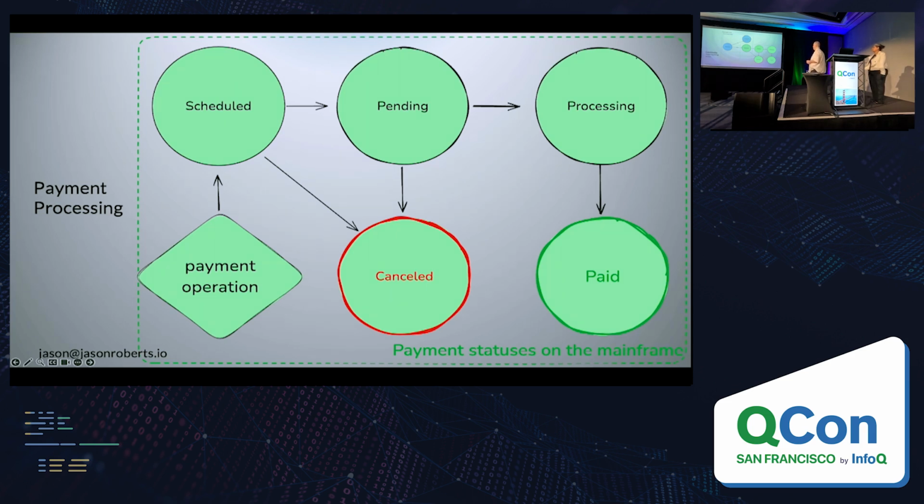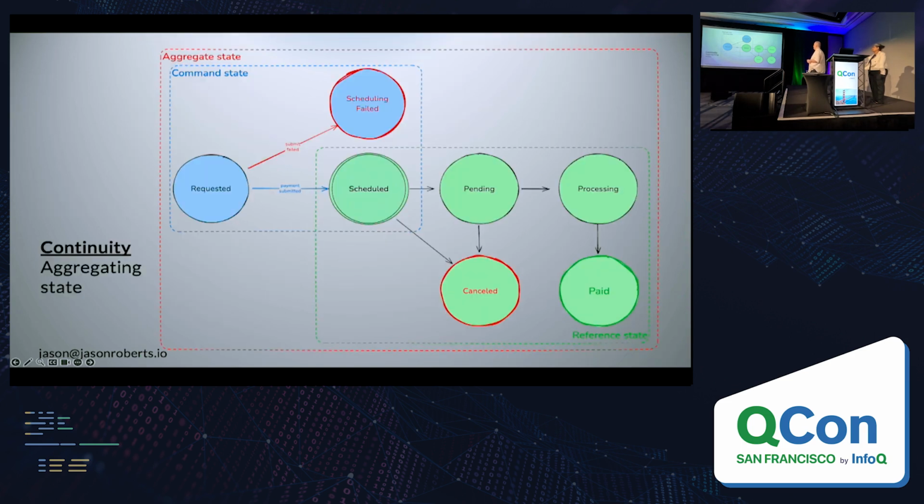So again, this is our reference data. So what we have to do is build an aggregate state. We have our workflow states up here in blue, and we have the reference state. And this aggregate will look at, based on the availability of these things, what the true status of the delegated request is to the user.